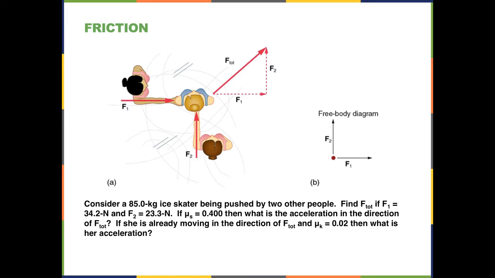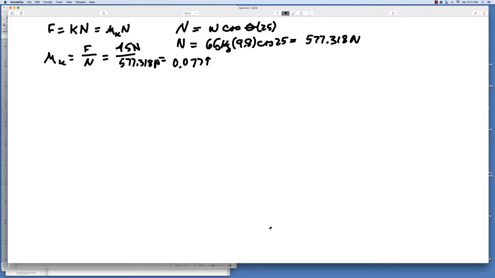So we can find the total force with that. If the coefficient of static friction is 0.4, what would the acceleration of this person be in the direction of F total? If she is already moving, then we have to calculate based on her coefficient of dynamic friction, or coefficient of kinetic friction, which is 0.02. What would be her acceleration then?